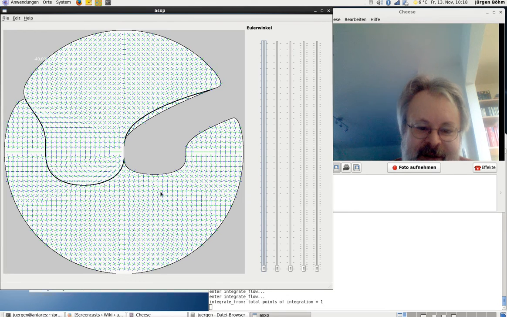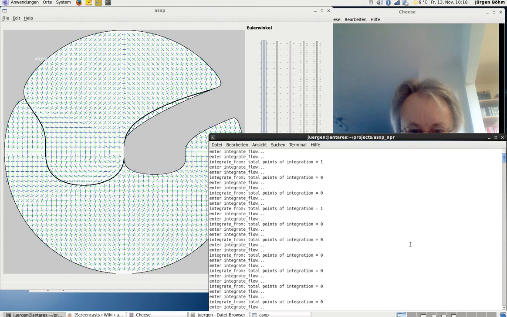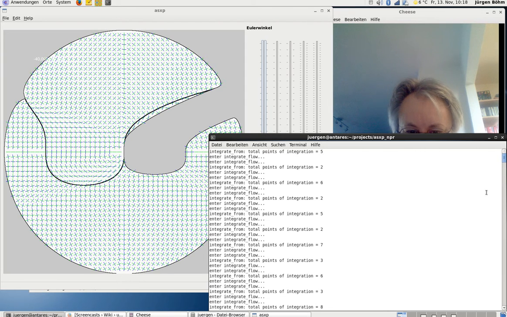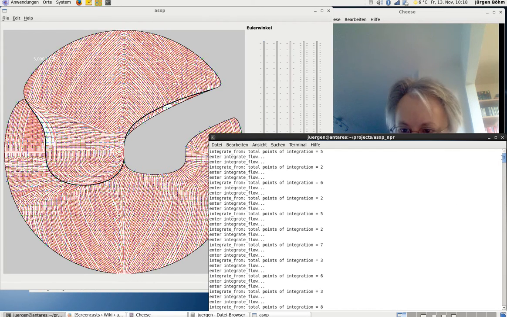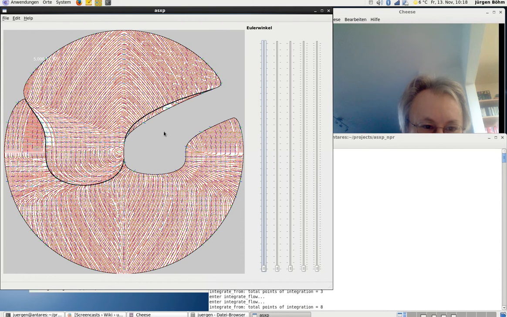Okay, so now you see a lot of information flowing by. Yes, and now here we have the integral curves. They look really nice. Okay, there are some bad points like here or here, which are problematic because of singularities in the direction field.